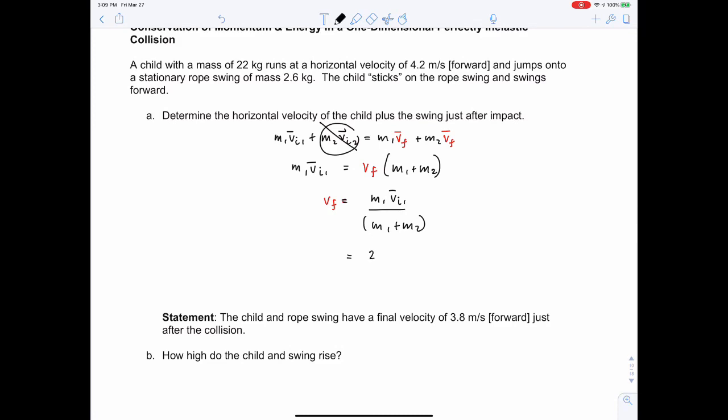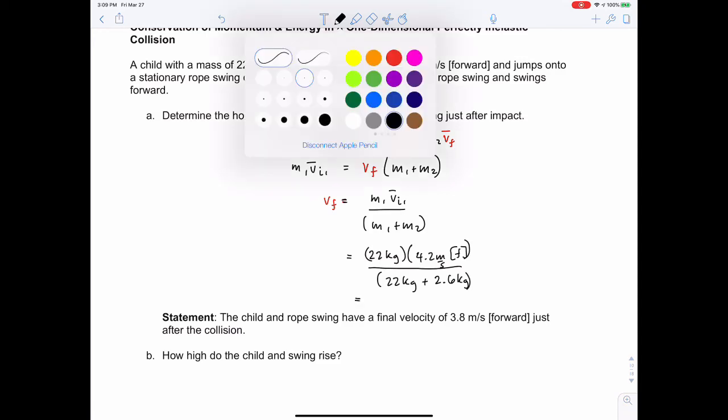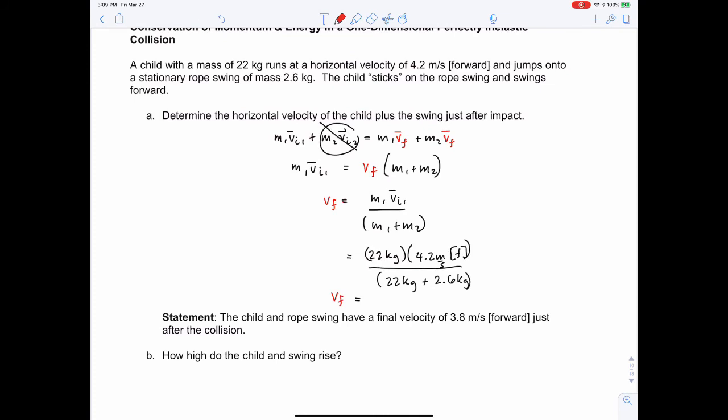We can sub and solve. 22 kilograms, and an initial horizontal velocity of 4.2 meters per second forward, divided by m1 plus m2. That's 22 kilograms plus the rope swing, 2.6 kilograms. If we sub and solve, the child and the rope swing will have a final velocity of 3.8 meters per second forward. That's right after the collision.